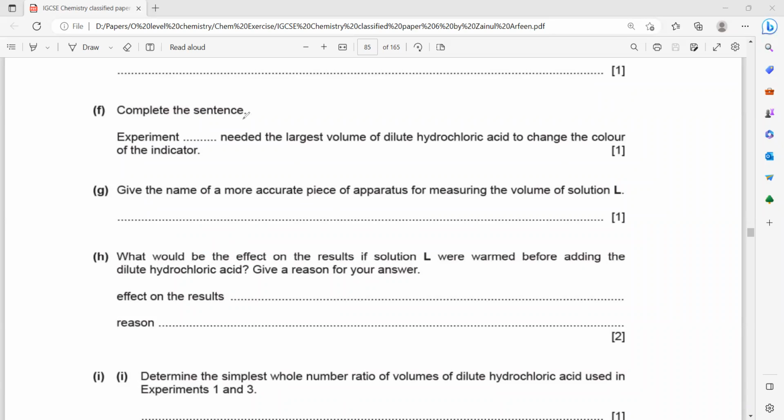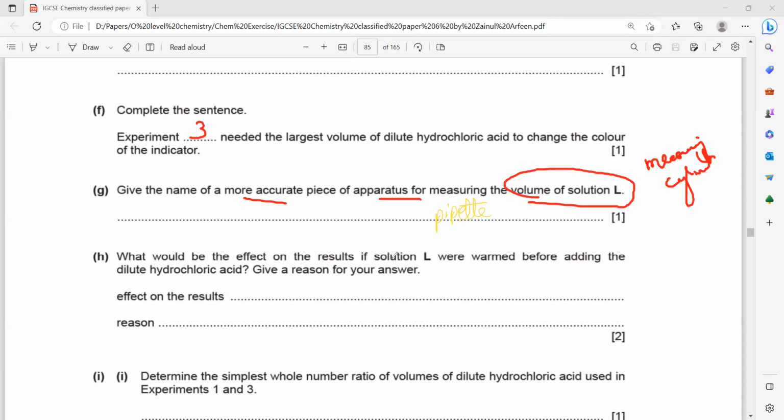So experiment 3 needed the largest volume. Then give the name of a more accurate piece of apparatus for measuring a volume of solution L. In the beginning, we were using a measuring cylinder to measure 25 cm cube. What other apparatus can we use? A pipette. So we can mention pipette.